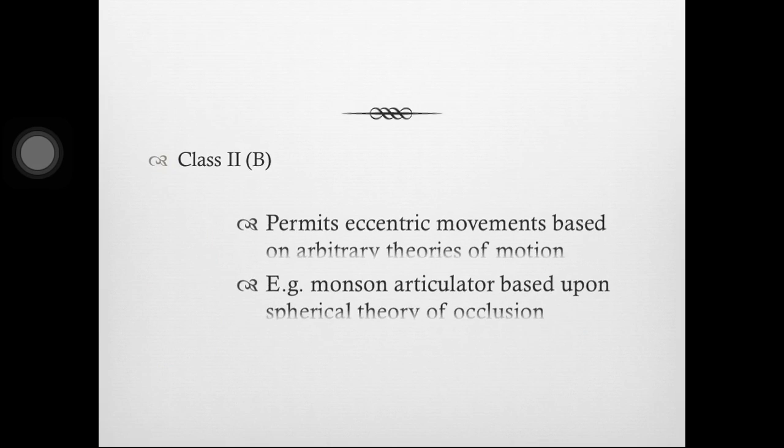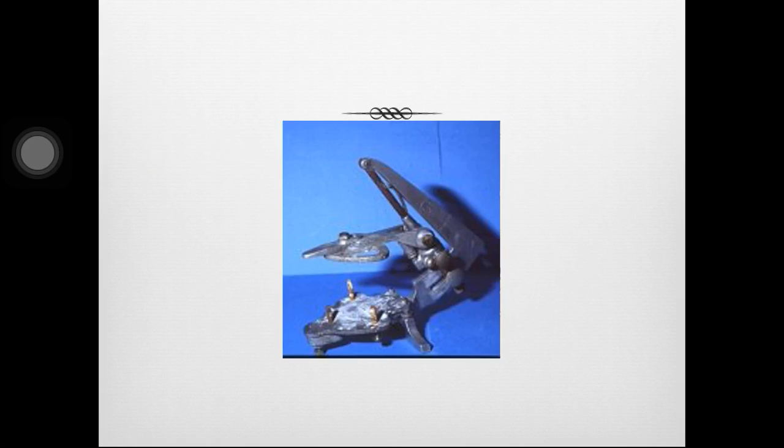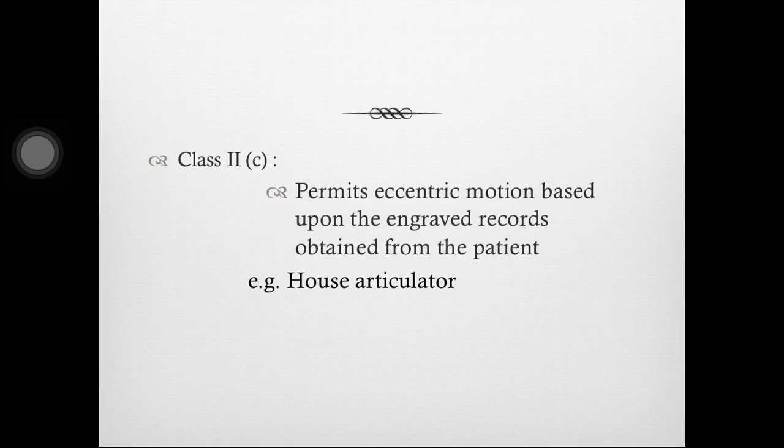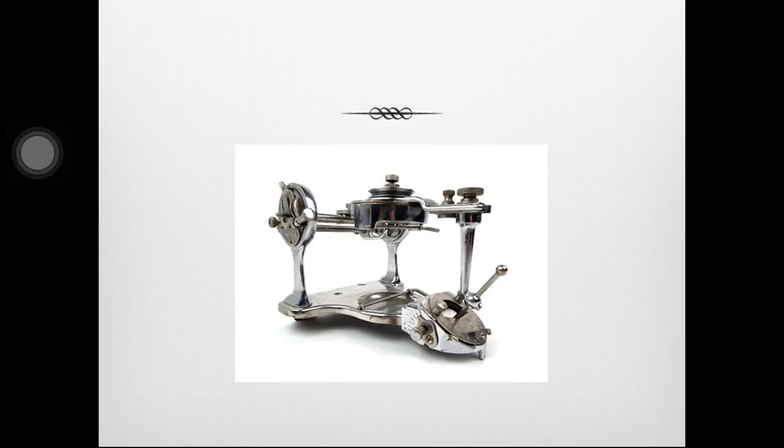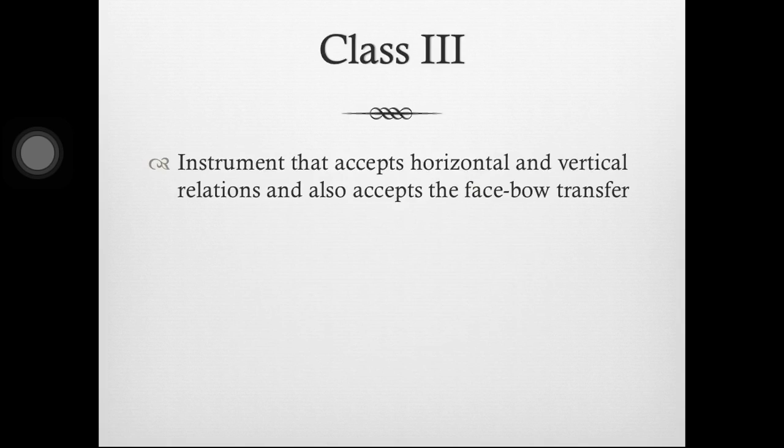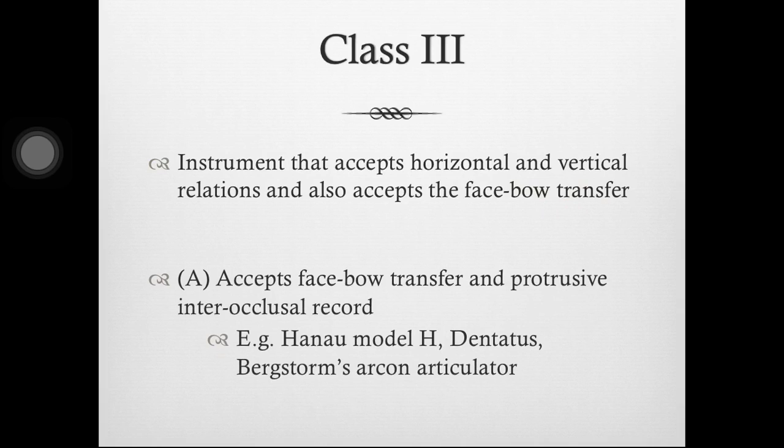Class 2 type B permits eccentric movement based on arbitrary theories of motion, like this. Class 2C also permits eccentric movements based upon the engraved records obtained from the patient. These are the representative types of the articulators. Class 3 instrument accepts horizontal and vertical relation and also accepts the facebow transfer.